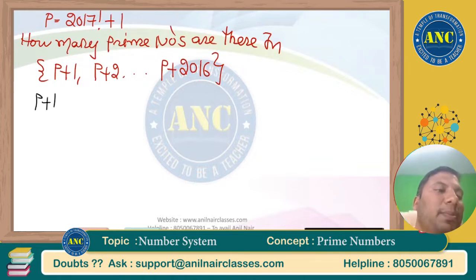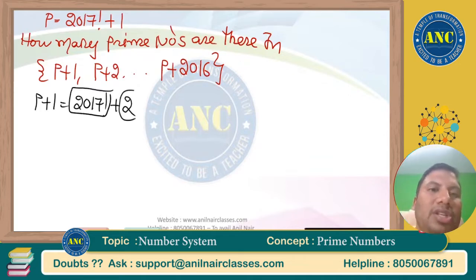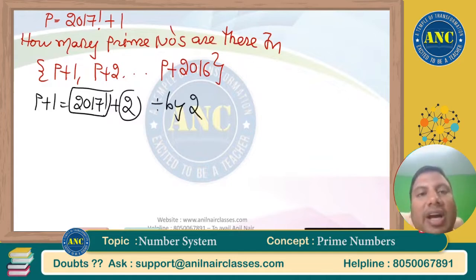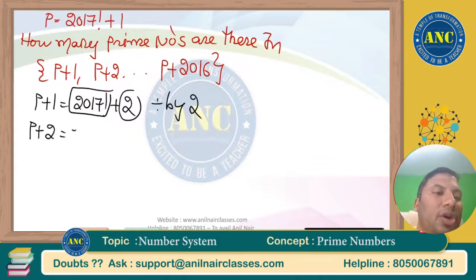If it is P plus 1, 2017 factorial plus 1, it is 2. This is divisible by 2. This 2 is divisible by 2. Answer is divisible by 2. Idea clear? P plus 2 is nothing but 2017 factorial plus 1 plus 2, it is 3.